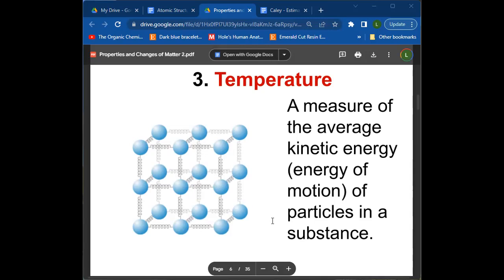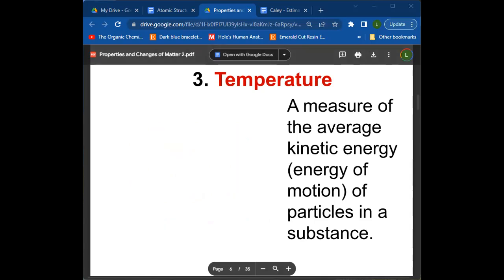Temperature is supposed to be the average kinetic energy, but heat is totally different.